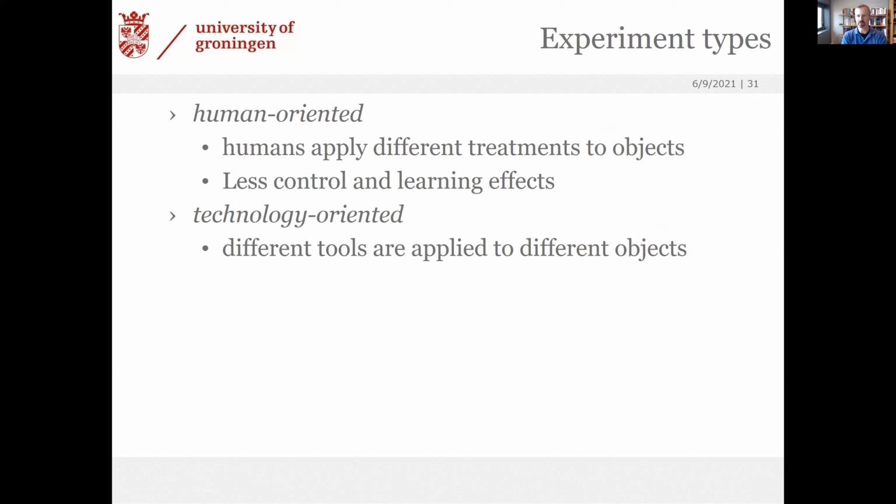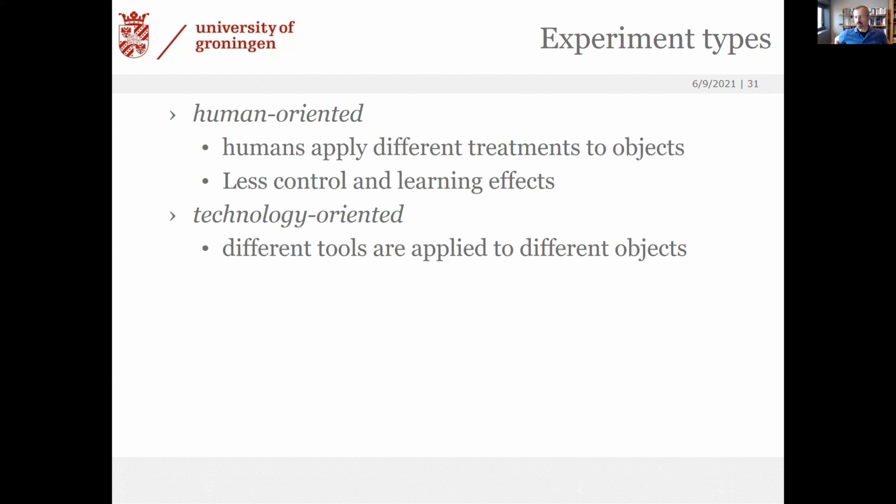There are two types of experiments. The first one is human-oriented and the second is technology-oriented. When it comes to the first one, we give humans different treatments. For example, they can use a tool or not use a tool or use different tools for specific objects like source code or maybe architecture description. And in the human-oriented type, we have less control over the variables.